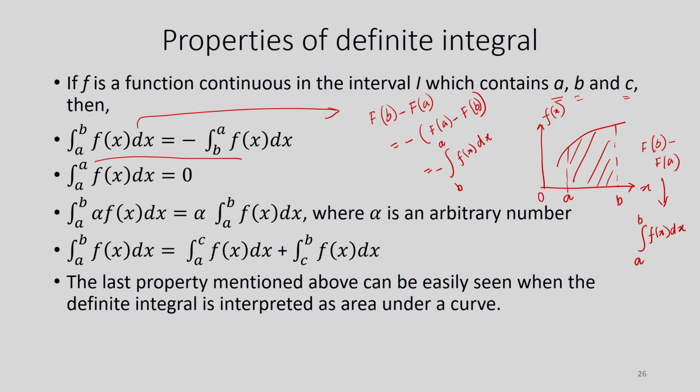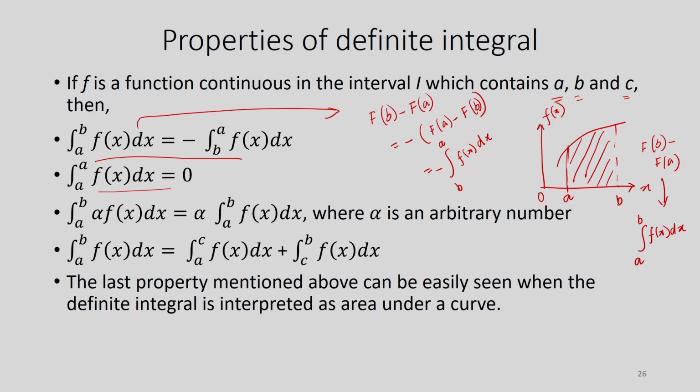So, these three things are equivalent: this shaded area, capital F b minus capital F a, and thirdly the integration of small f x dx from a to b. These three things are the same. Now, if I take the limits to be a and a, the same point, there is no area that we are enclosing, therefore the left hand side is equal to 0.